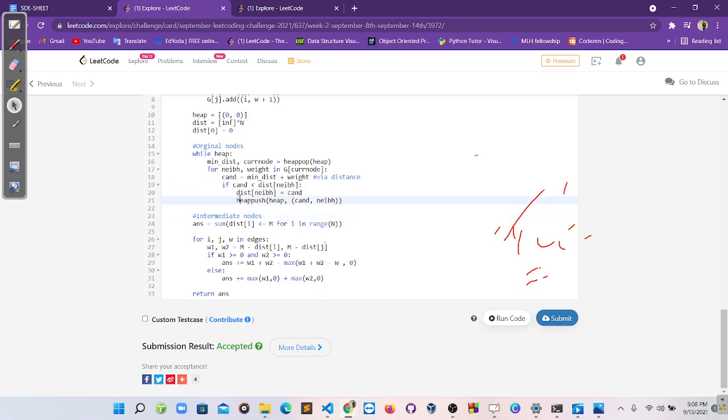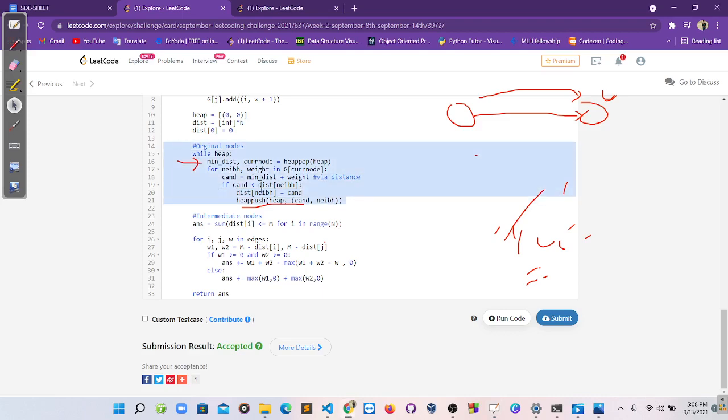And similarly, we have to explore after that. Why? Because from this node to this node we use some moves, and we have some more moves remaining to explore. That's why we push into the heap, so that we again pop those remaining moves and explore them. Okay, that much part is clear.